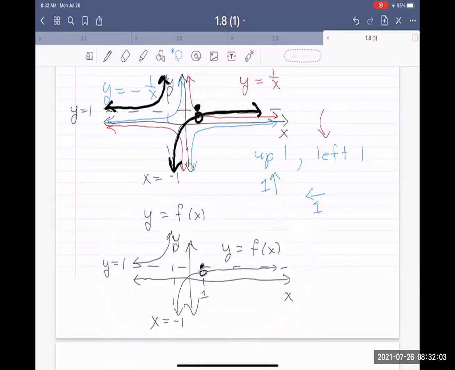There. Okay, so maybe I'll put a little red line or something so you can separate them. Okay, so any questions about that? Okay.